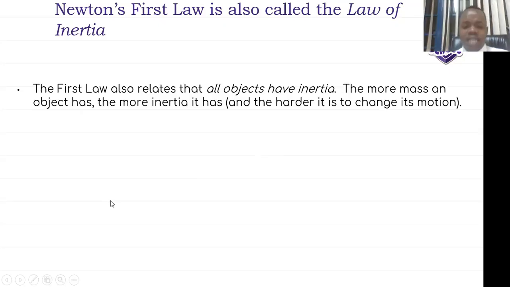And in that case, when you are in a car, for example, and you are a passenger and someone is driving at a velocity of, say, 120 kilometers per hour.